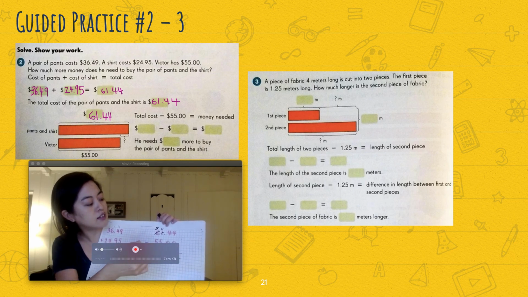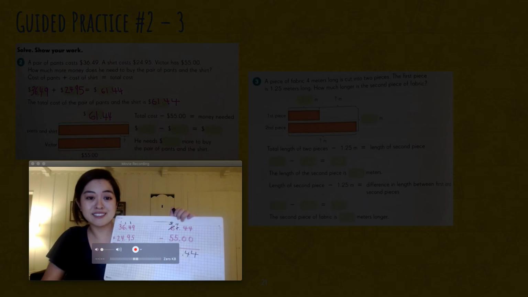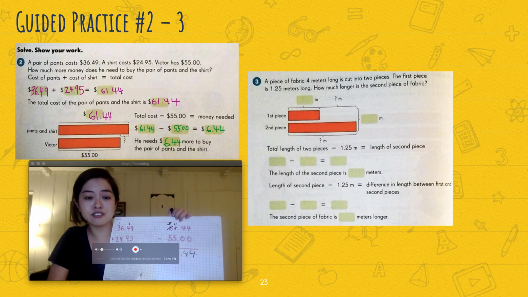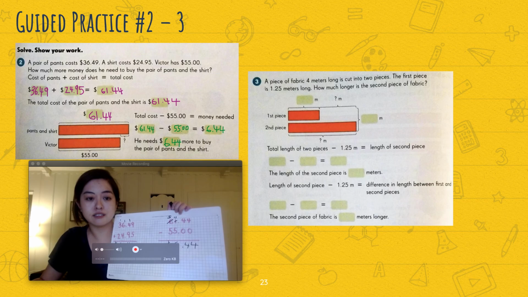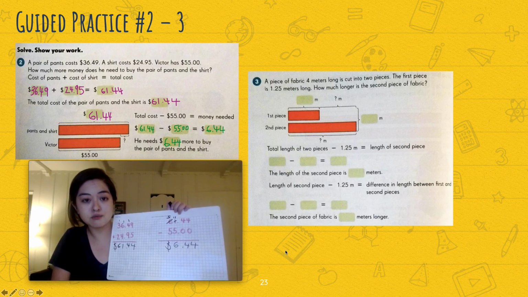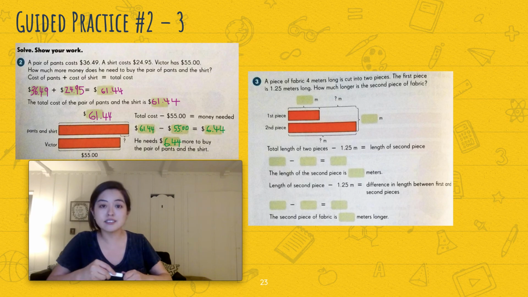And 5 tens minus 5 tens is 0 tens. And then this is $6.44. Okay. So he needs $6.44 more to buy the pair of pants and shirt. It's not enough. All right, let's look at number 3.